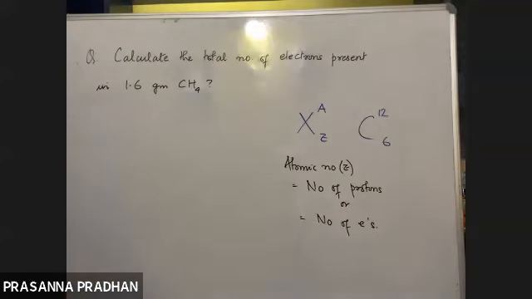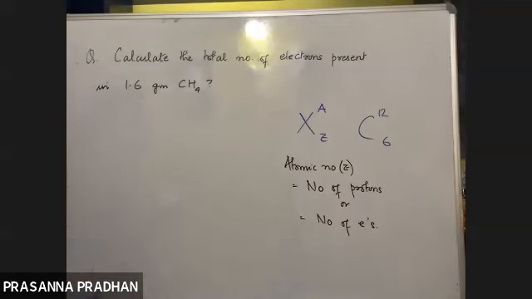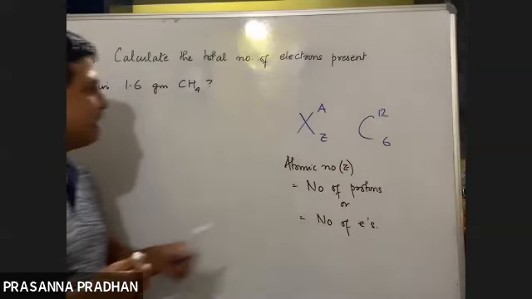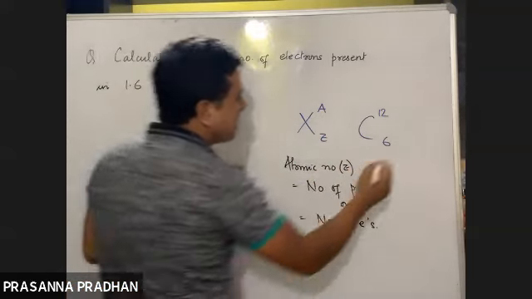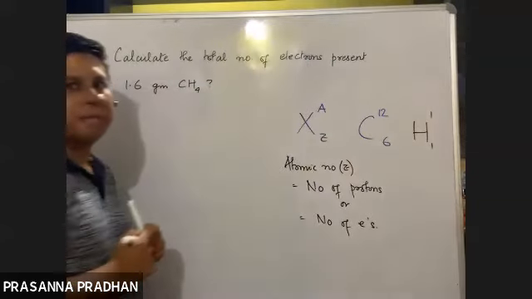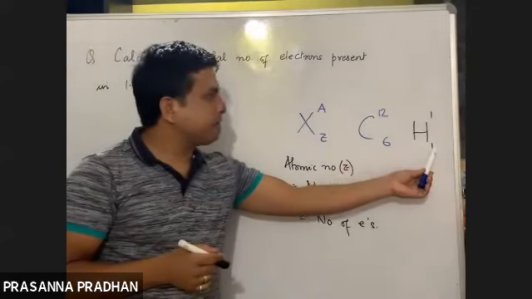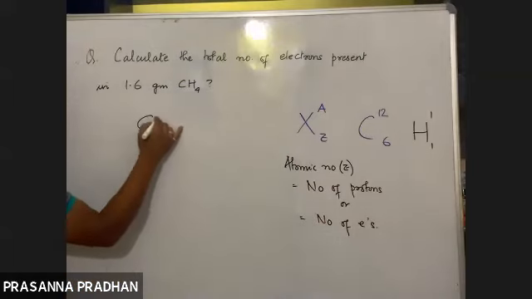Fine. So what is the atomic number of carbon? It's 6. That means in one atom of carbon, how many electrons are there? There are 6 electrons. What is the atomic number of hydrogen? It is again 1. So in one atom of hydrogen, how many electrons are there? 1. Okay. So we have this formula CH4.